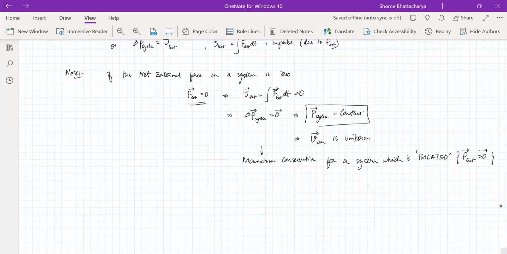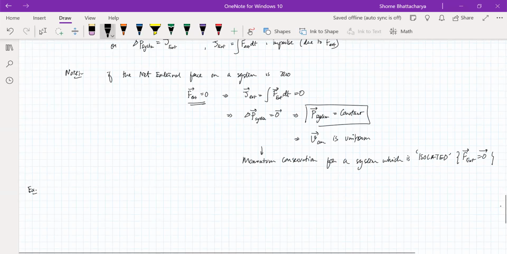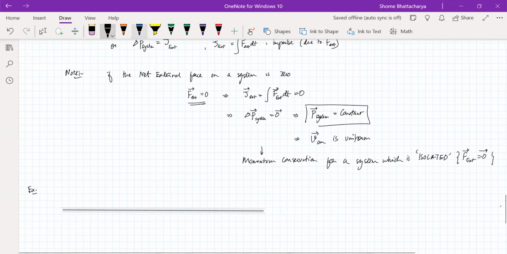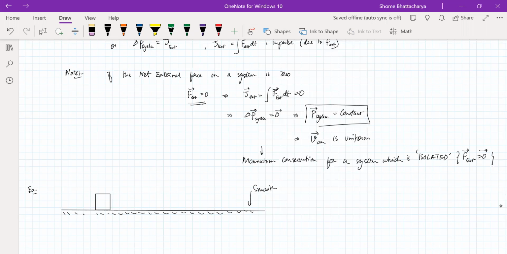So let's look at some examples of momentum conservation. Say we have a frictionless surface. This is a smooth surface. On this we have placed two blocks, A and B, which are initially at rest.